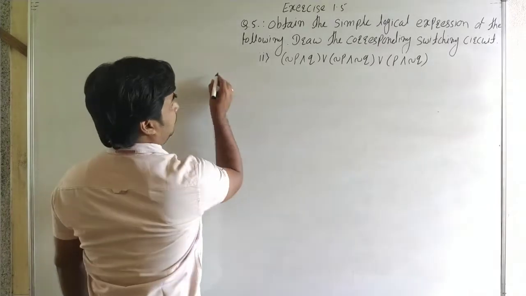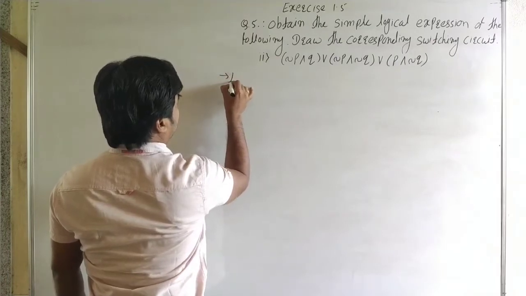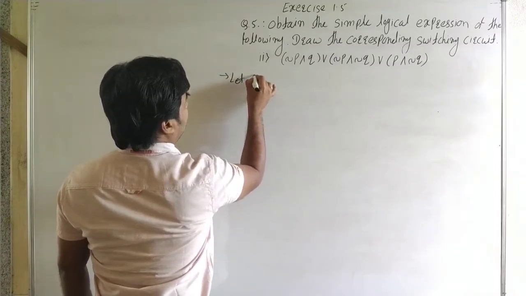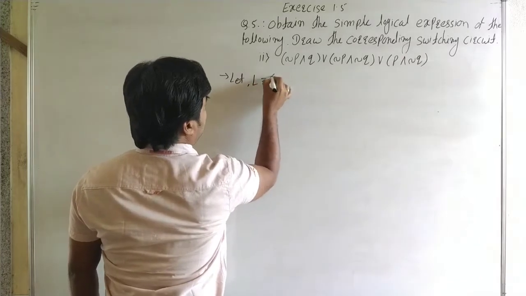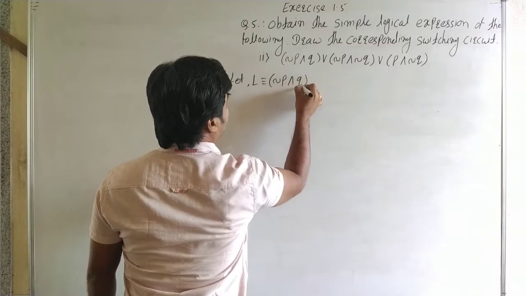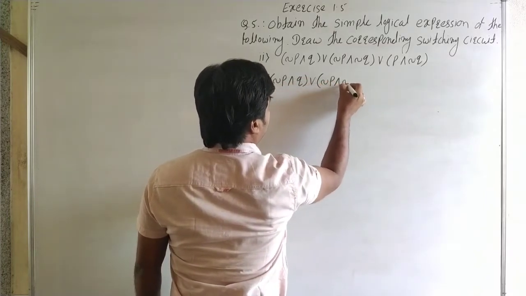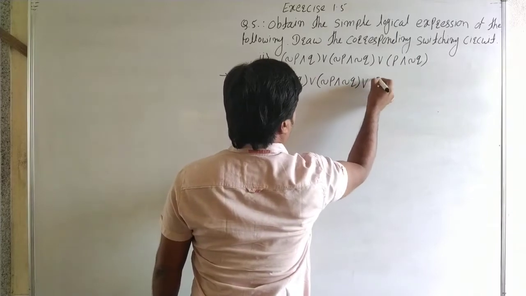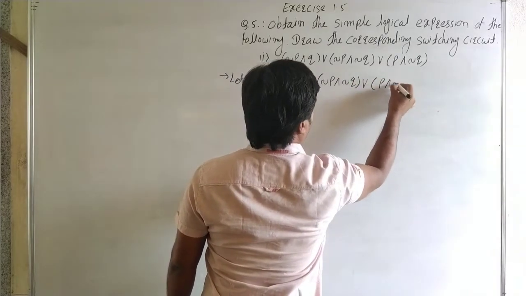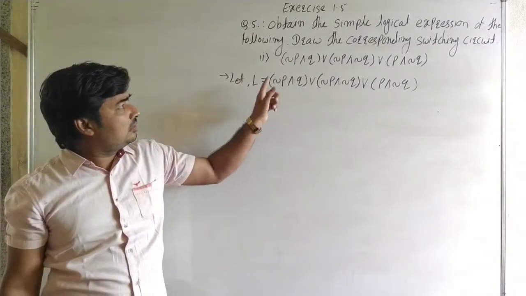Now the solution: let L be equal to this expression, negation P and Q, or negation P and negation Q, or P and negation Q. There are six statements.